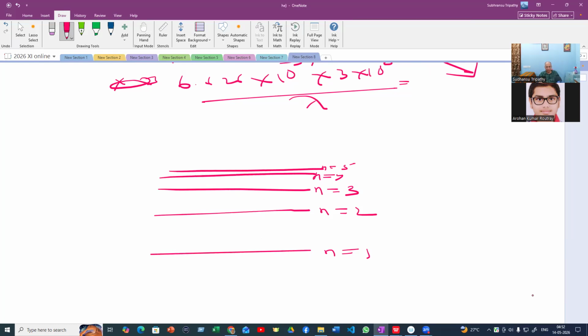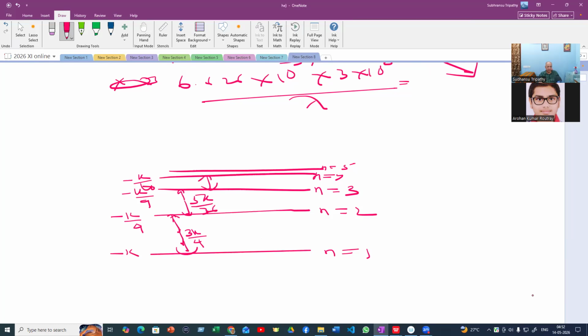Because this is minus k, I'm talking of hydrogen. This is minus k by 4, this is minus k by 9, minus k by 16, and so on. So this gap definitely is more, 3k by 4. This gap is still less. This is 5k by 36, which is less than 3k by 4.